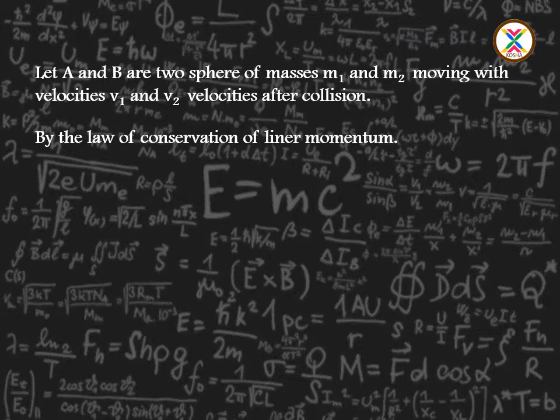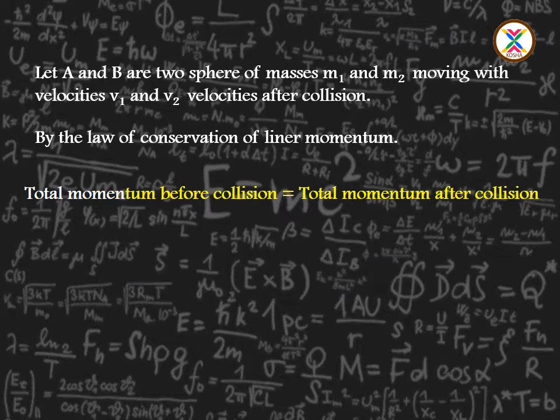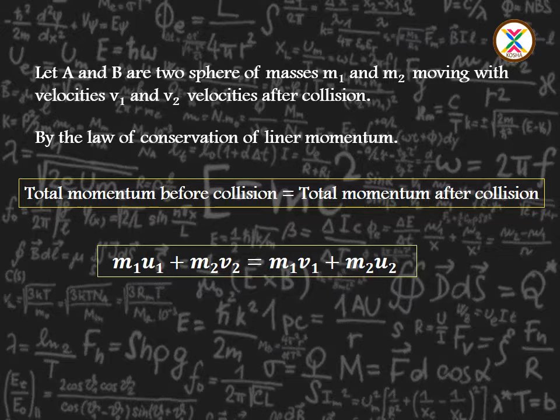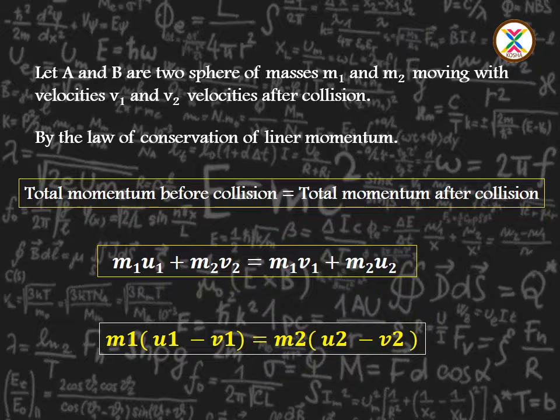By the law of conservation of linear momentum, total momentum before collision is equal to total momentum after collision. m1 u1 plus m2 u2 is equal to m1 v1 plus m2 v2. m1 into (u1 minus v1) is equal to m2 into (v2 minus u2). Equation 1.